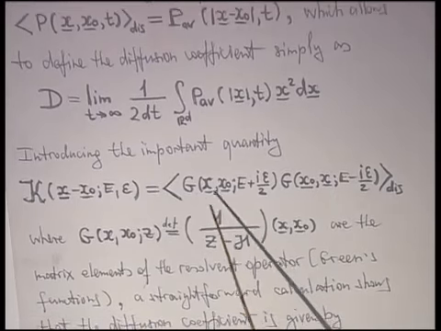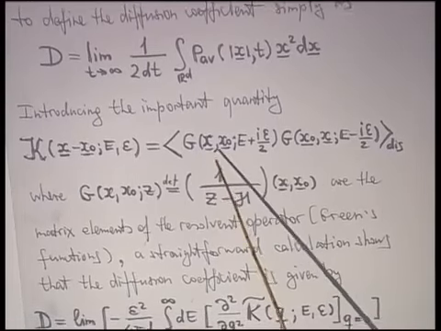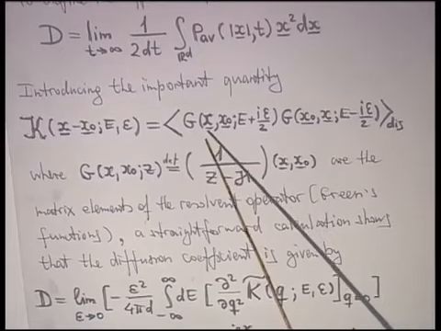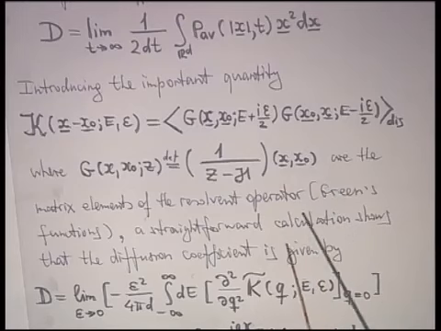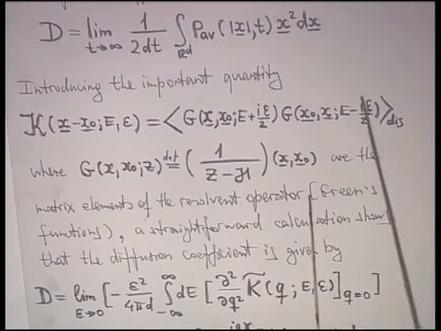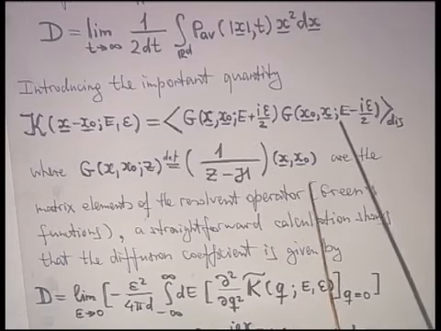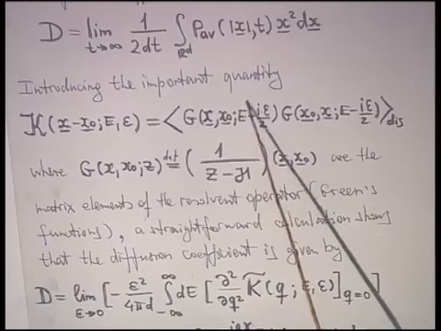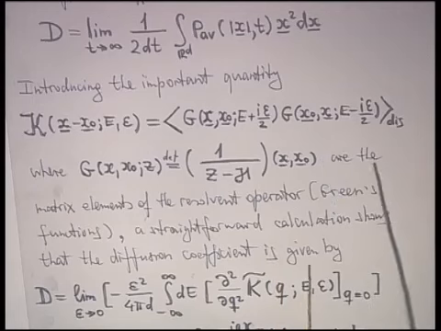So let's introduce the most important quantity for us. It's just the expectation value of the product of advanced and retarded Green functions, which are nothing else but our familiar object, which we are happy to see again. It's the resolvent in position representation, where z, here it's not written how z is related to e, but basically by z I mean this.